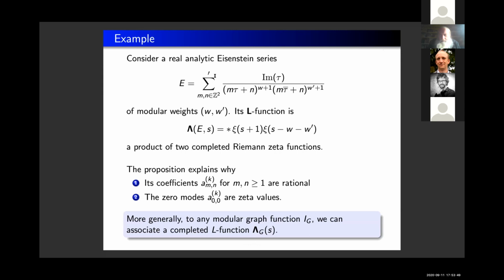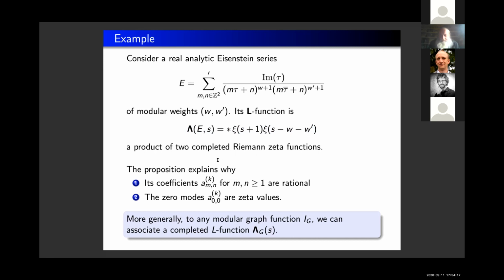So here's an example. Let's look at a real analytic Eisenstein series. I like to take it with different powers, w and w prime here. Classically, you take w equal to w prime, but it can be a bit more general. This has modular weights w, w prime, and it turns out that its L function is a product of two Riemann zeta functions.